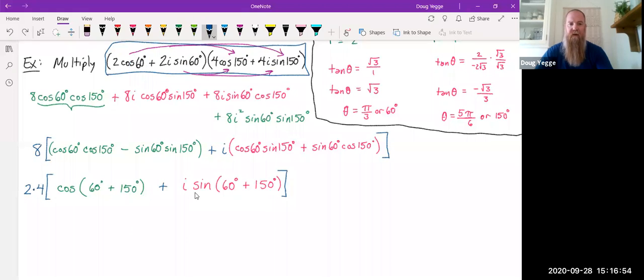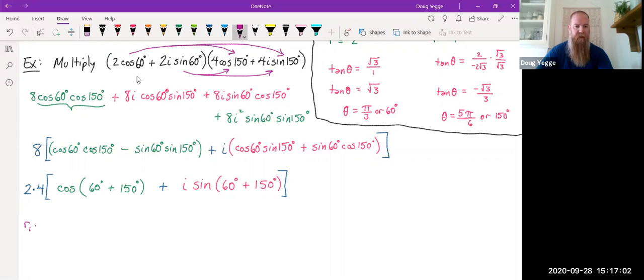So in fact, in one step, we could have actually just combined this in order to recognize that this form is going to be our r1 times r2 times cosine of theta 1 plus theta 2. So I just simply added the two angles. And as for the imaginary part, that would be sine of, again, the sum of the two angles, theta 1 and theta 2.